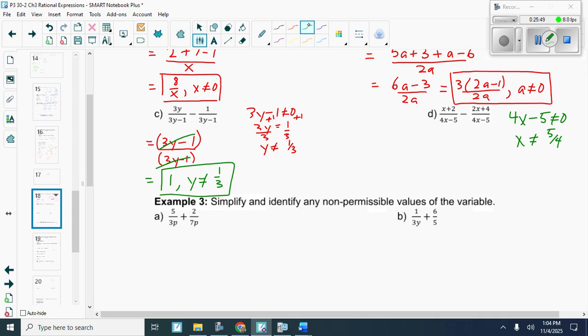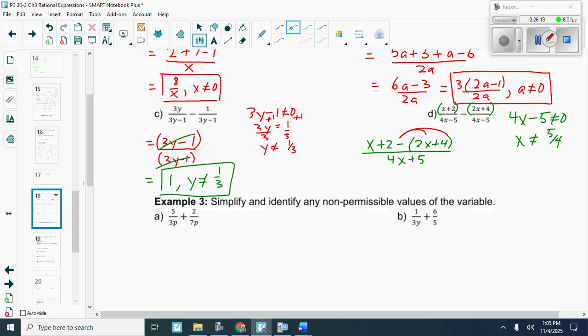We have x plus 2, and I'm just going to write it out in 2 steps. Okay, 4x plus 5. So don't forget, because it's subtraction, that negative sign has to be distributed.